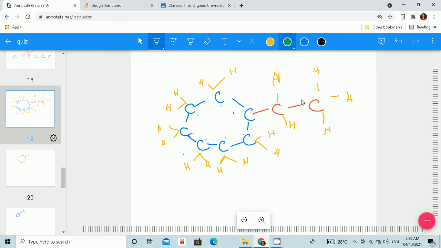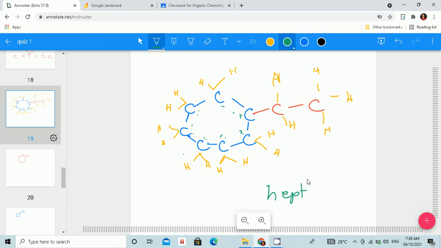But first, we will take a look at the substituents. We will make sure that it has the lowest number. So we will count from here. 1, 2, 3, 4, 5, 6, 7. So this is a heptane.